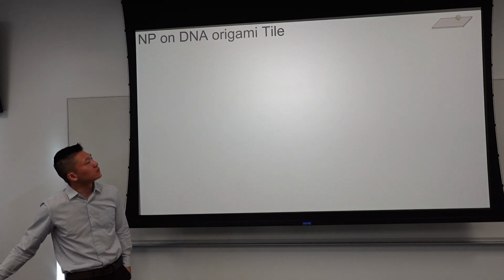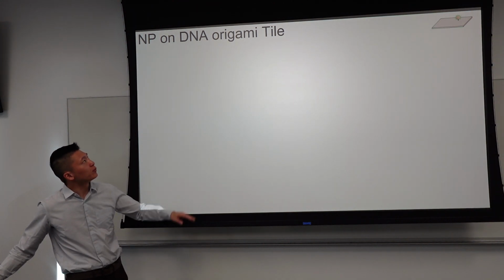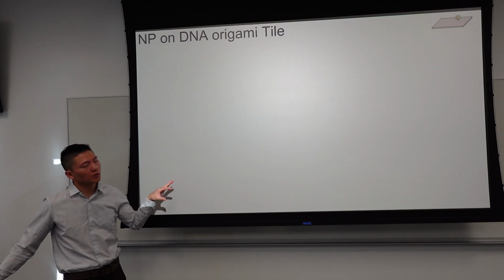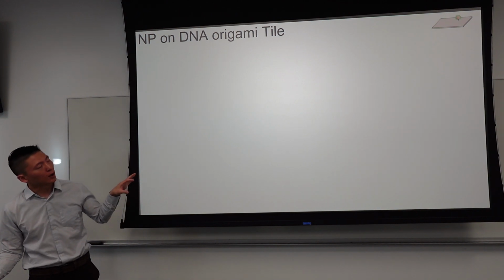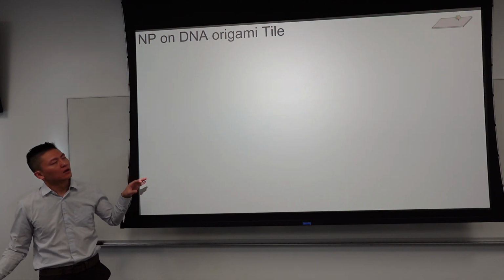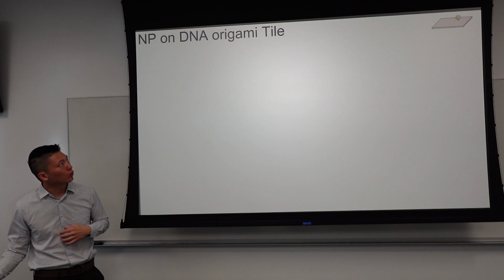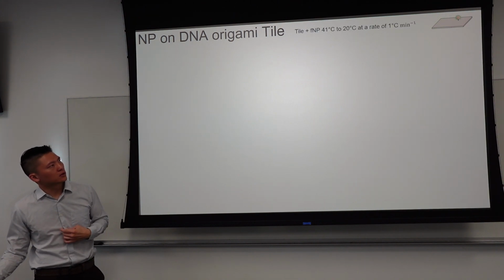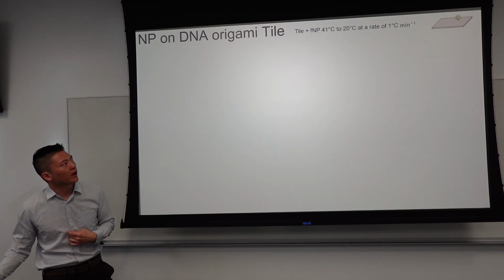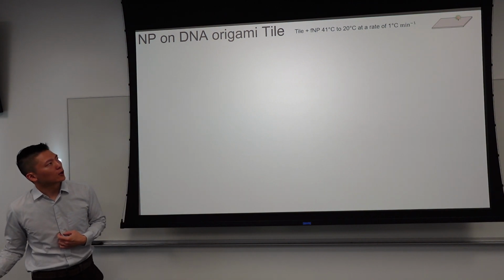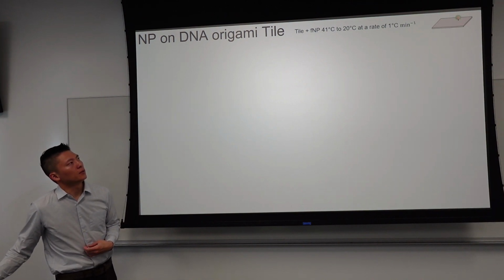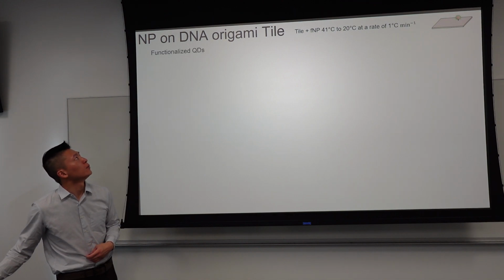Anyhow, so for the DNA origami tile, I've been able to put nanoparticles on them. I'll first put on a quantum dot nanoparticle, because right now I'm only interested in putting on a single nanoparticle as part of my work. There's an annealing method, and we add the tile to functionalized nanoparticles, and then we anneal them using some temperature program.